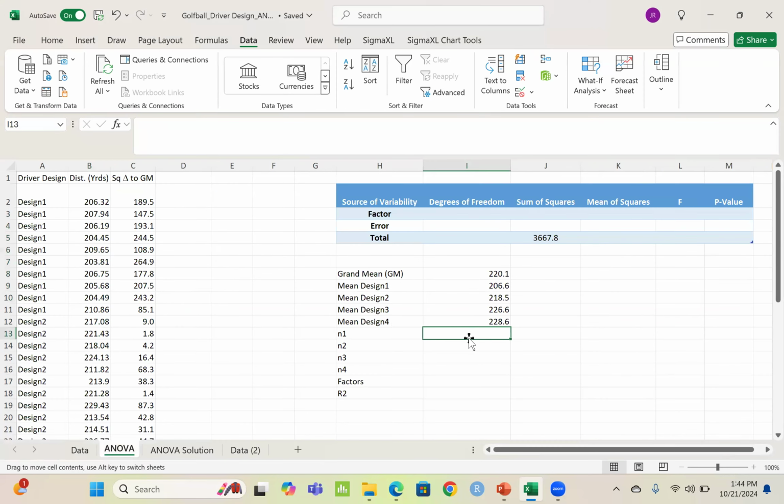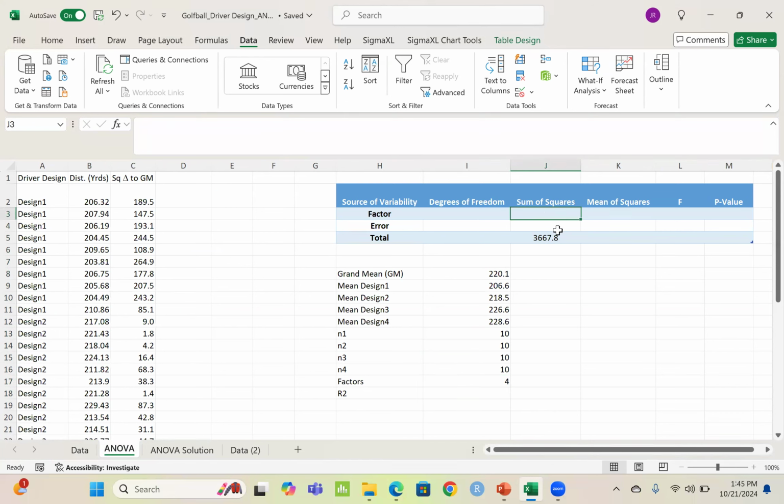So I'm going to fill that information over here. I'm going to put 10, 10, 10, and 10. And how many factors do I have? I have 4 factors. All right. And then later I'm going to fill out this value over here, the R square. So I have 4 factors.